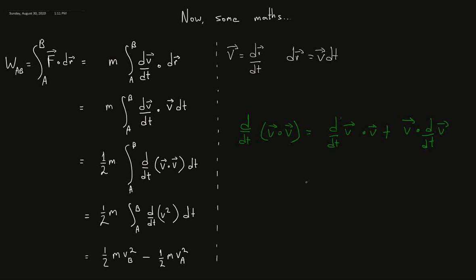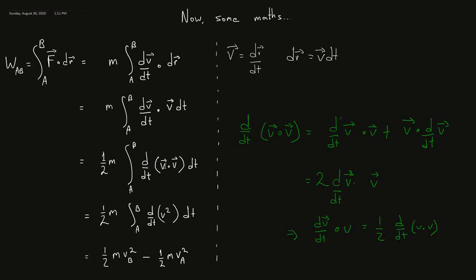But then, because the dot product is commutative for these real vectors, in other words a dot b equals b dot a, you simply have 2 dv/dt dot v. So in other words, dv/dt dot v is, carrying this half to the other side, half d/dt of v dot v. So that was going from this step to this one.